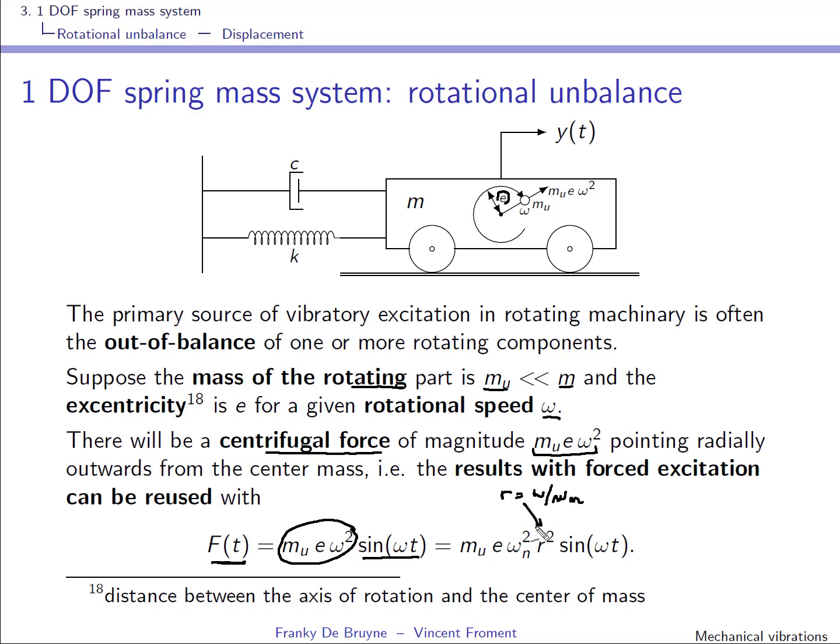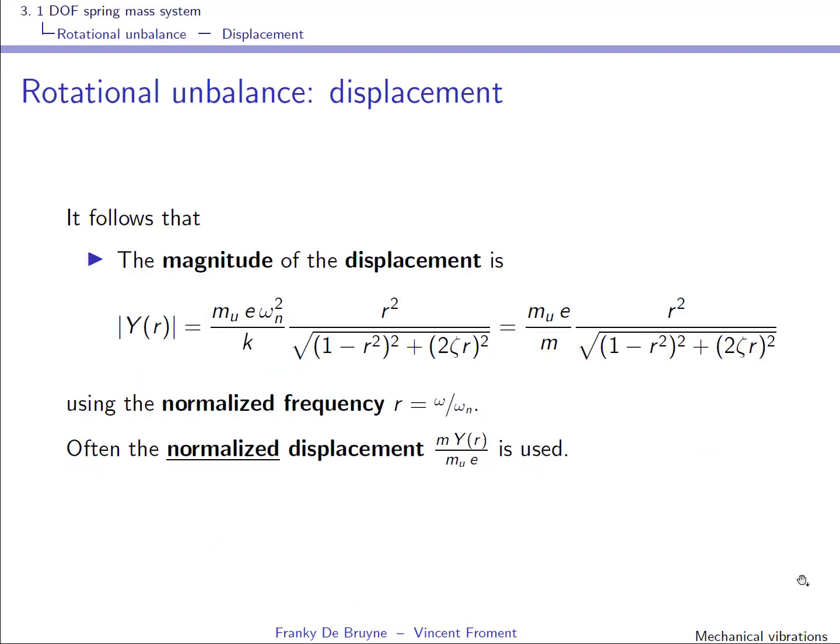So we can inject it over here and we have the expression of the external force in the case of a rotational unbalance. We had seen in the case of an external force that the displacement transmissibility was the modulus of Y R divided by the modulus of F at the normalized frequency, which is 1 over k divided by a square root that is exactly the square root that you have over here.